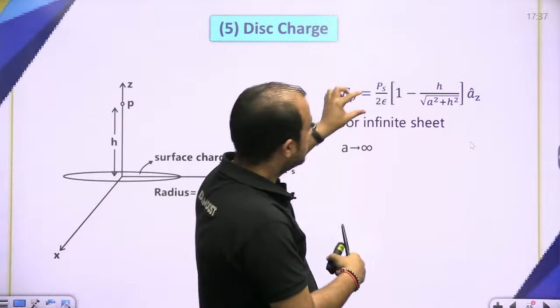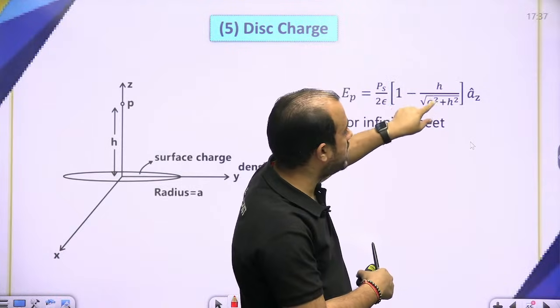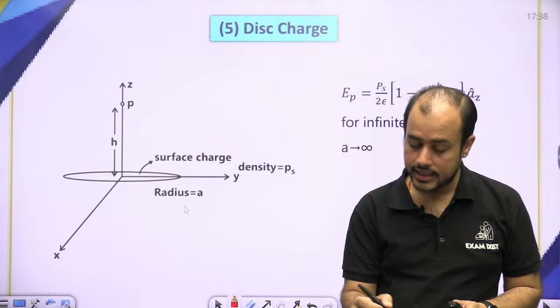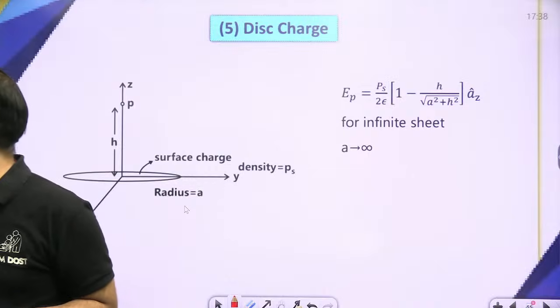Now beta, this is same as the infinite sheet charge. In addition, you have 1 minus h upon root a square plus h square, where a is the radius of the ring and rho s is the surface charge density.